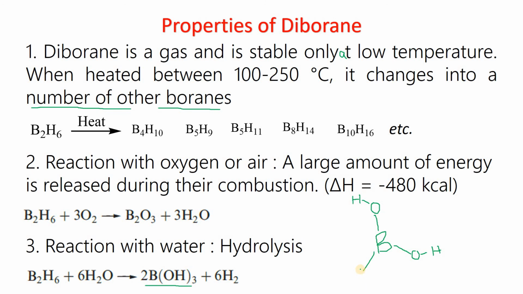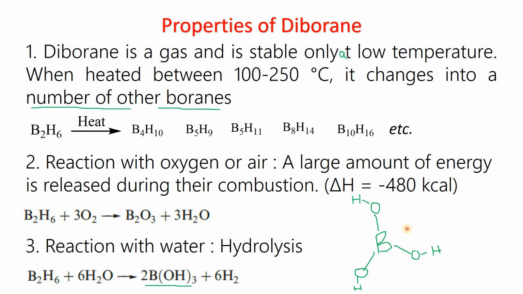Boric acid is a weak acid. It extracts OH minus ion from water and releases H plus ion. So it is acidic in nature.